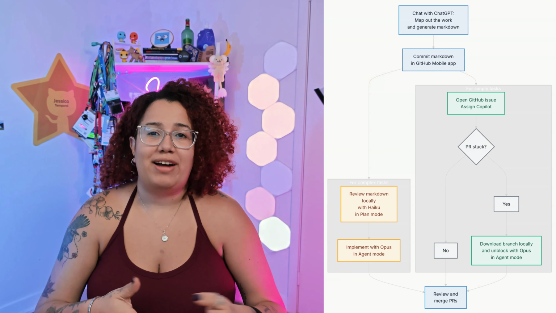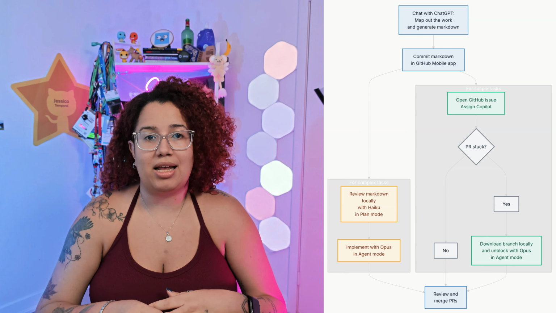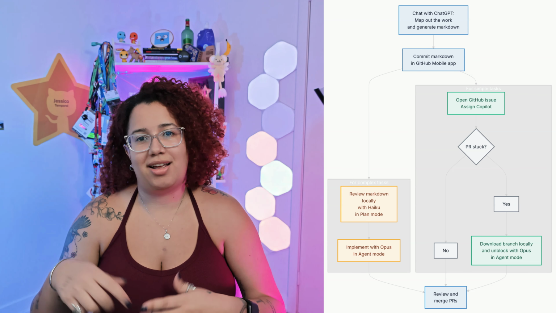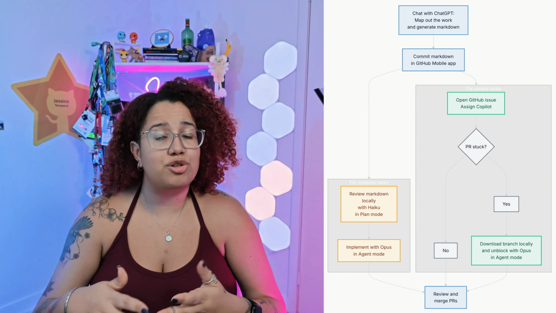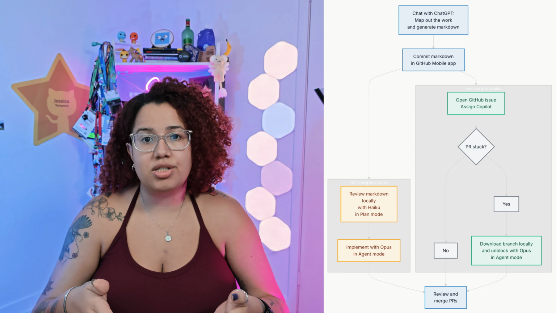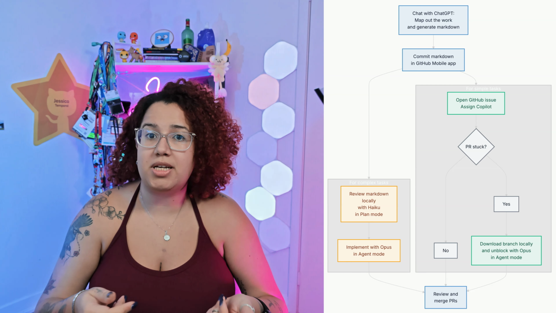The boring, well-defined tasks went to GitHub Copilot as issues, and then I could focus on what actually needed me. And for the ones that I was actually handling myself, I would switch models intentionally. A lighter one for quick interactions and a heavier one when precision mattered more than speed and money.